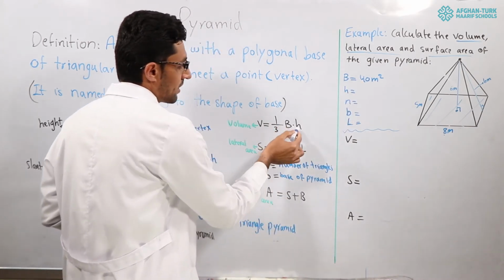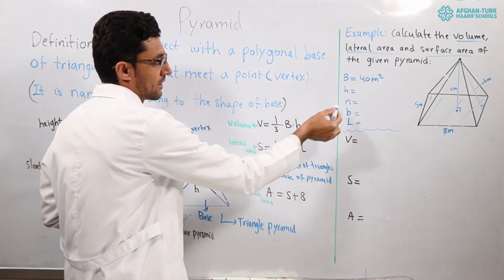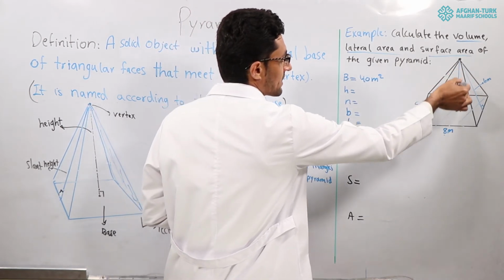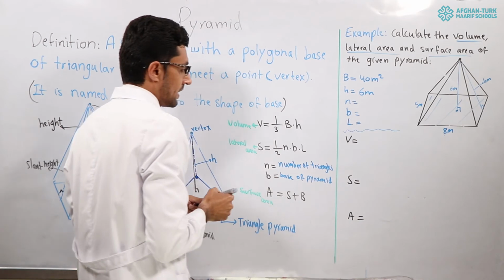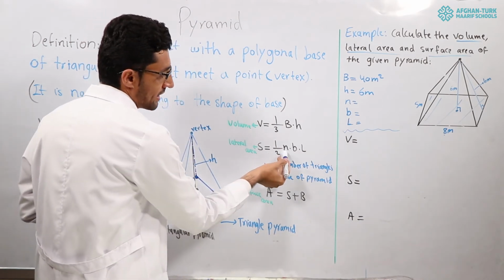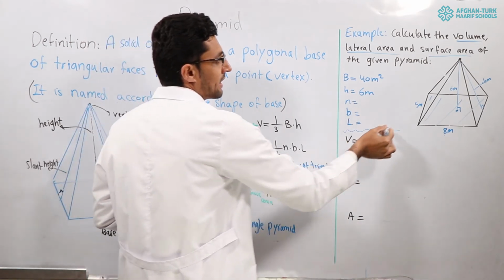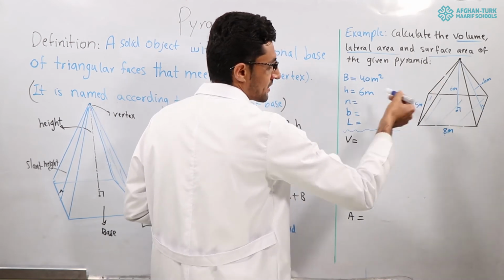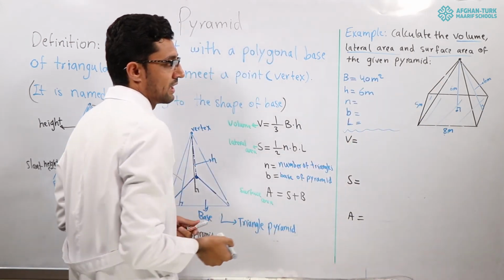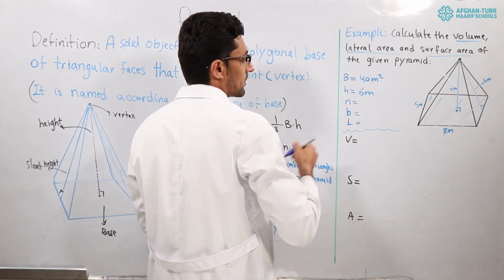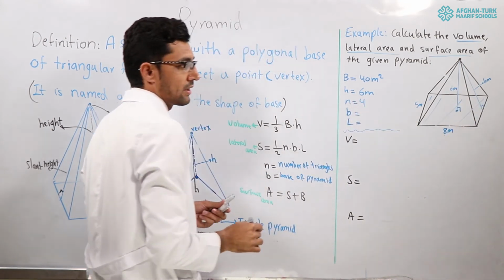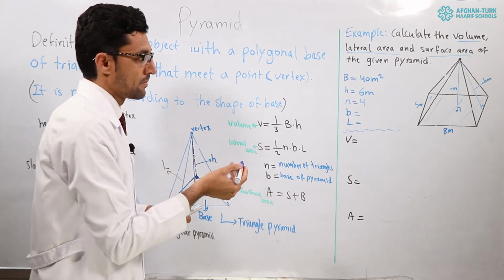Now we need the height h. How much is h? 6 meters. And we need to find n, the number of triangles around the pyramid. Because it is rectangular, we have 4 triangles.